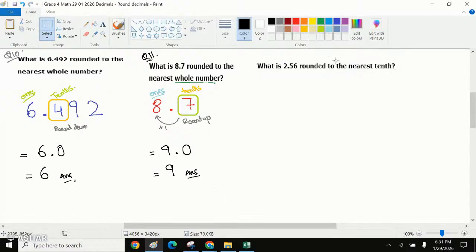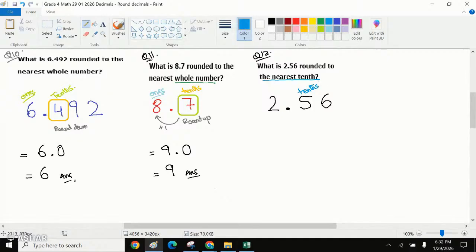And it says, what is 2.56 rounded off to the nearest tenth? So if we need to see 2.56 and we need to round it off to the nearest tenth, this is the tenth position, right?